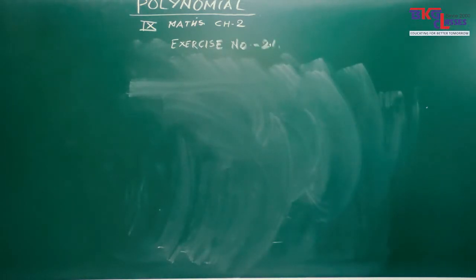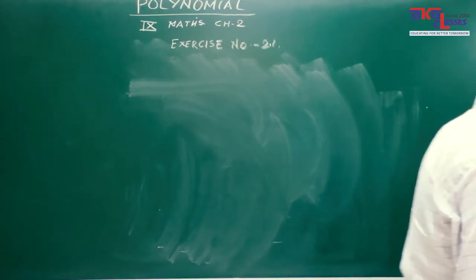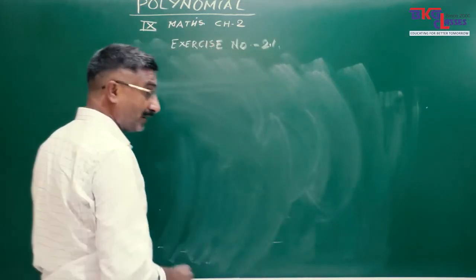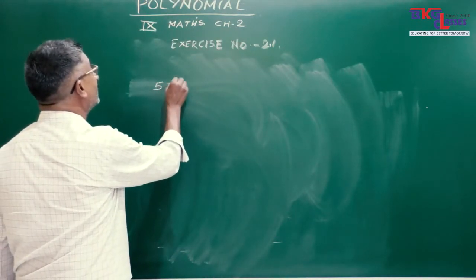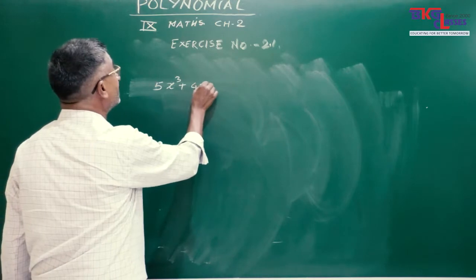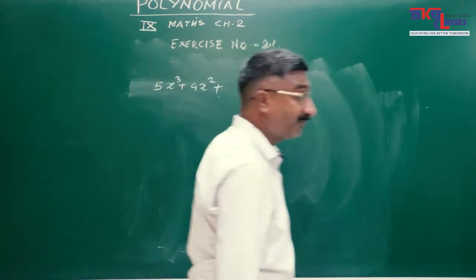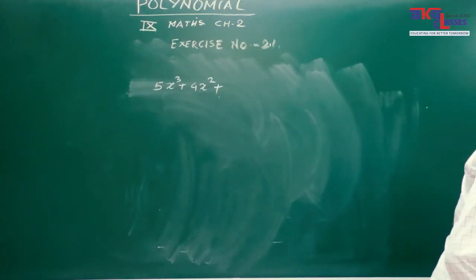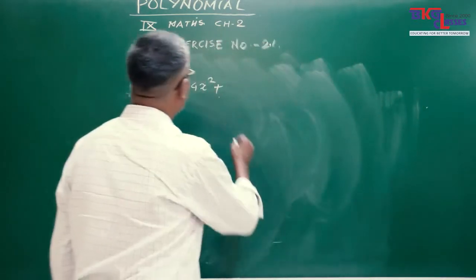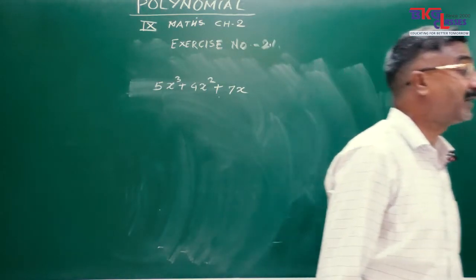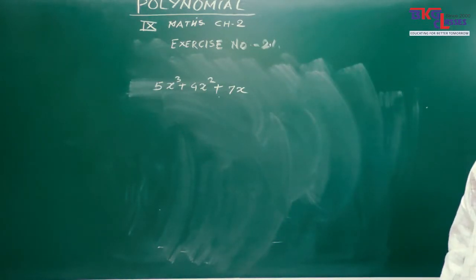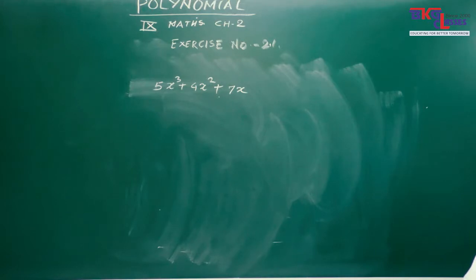Degree of 100. Now write the degree of each of the following polynomials. I must write down the questions first so that we can quickly solve them. 5x square plus 4x square plus... you must solve the problems with me or simultaneously. I am just giving the space for that. y minus 4 minus y square.